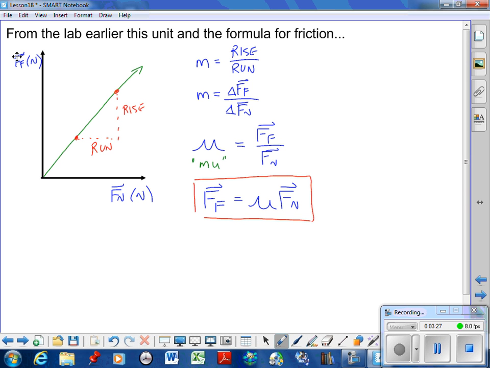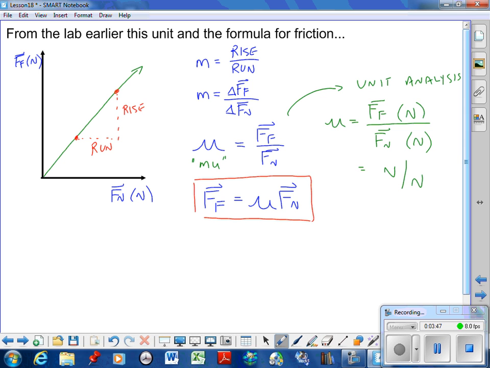If I jump over to the side for a second with this formula and do a unit analysis, we end up with mu equals force due to friction, which is measured in newtons, divided by normal force, also measured in newtons. We end up with the units newton per newton.